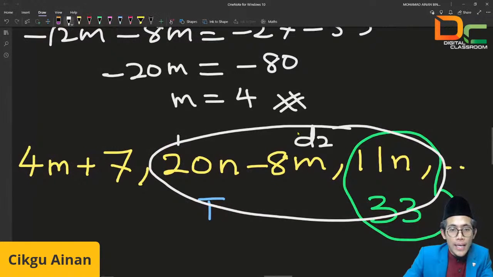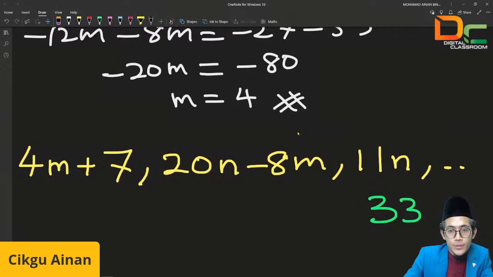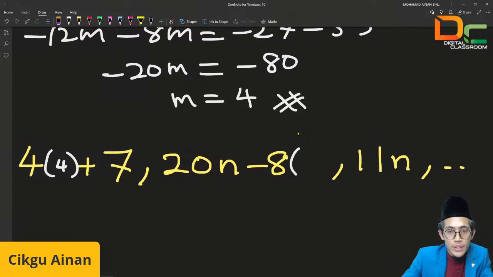Okay, now m is 4. So we ganti with 4 over here. M is 4. N is apa tadi? 3, right?